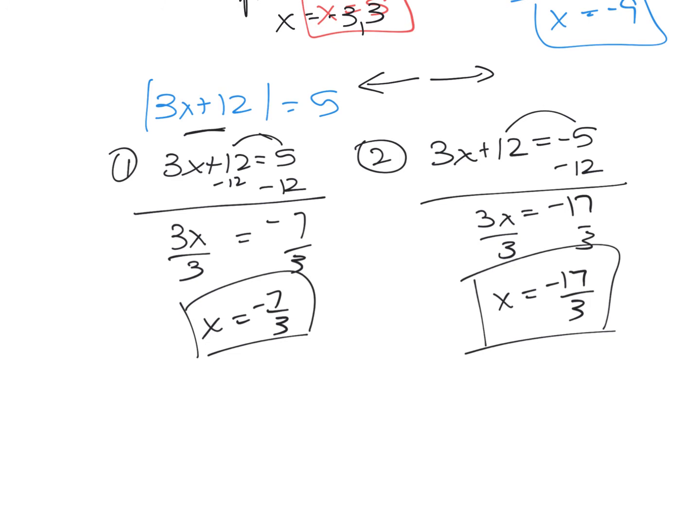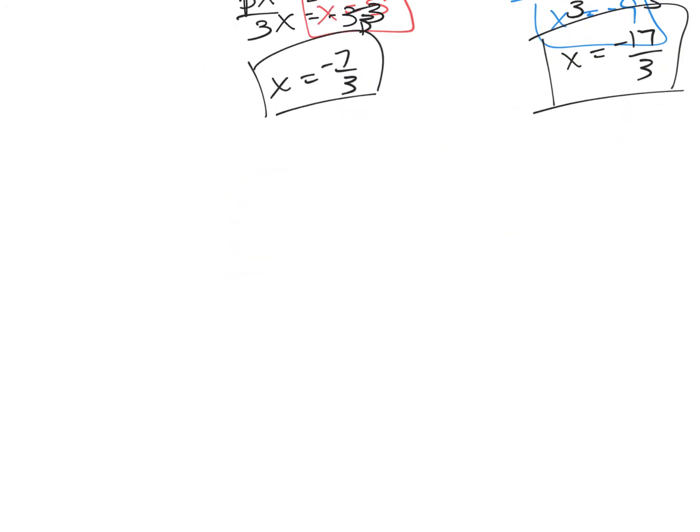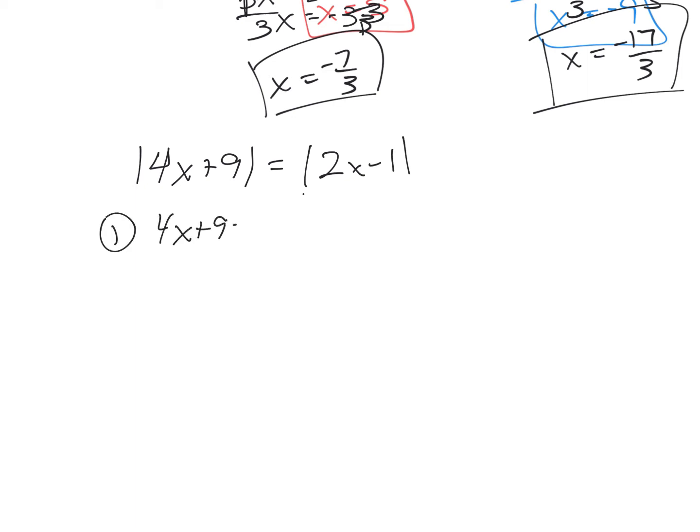And then we also have some other examples we talked about yesterday. When we have absolute value on both sides, so if we have the absolute value of 4x plus 9 equals the absolute value of 2x minus 1, again, we're going to drop the absolute value symbols and we're going to solve.